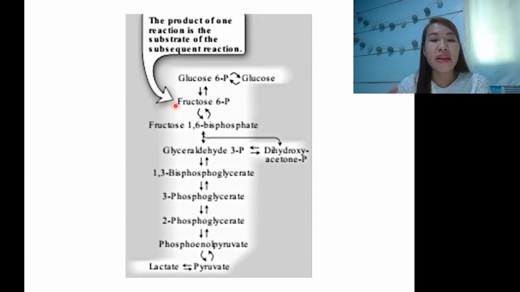So it's really a pathway. You cannot move on to the next step without having the step before you. So the product of one reaction is the substrate of the subsequent reaction. So in this reaction, from glucose 6-phosphate, it produces the product fructose 6-phosphate, which is then now the substrate for the next chemical reaction.